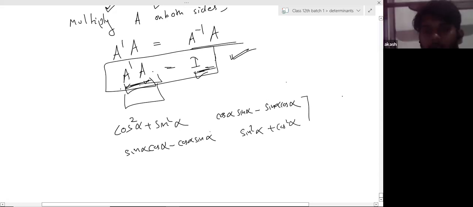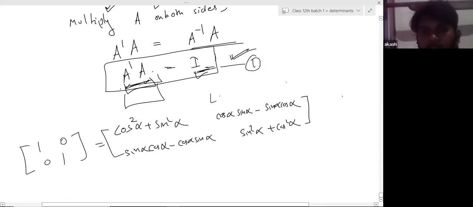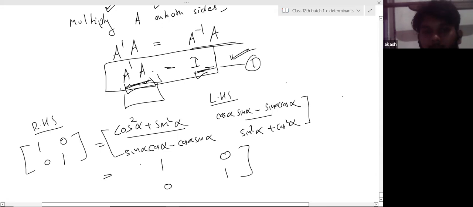And we know this must be equal to the identity matrix, that is 1, 0, 0, 1, on the RHS side. So this becomes 1, this becomes 0, this becomes 0, this becomes 1. Yes, absolutely right. We both are getting the identity matrix.